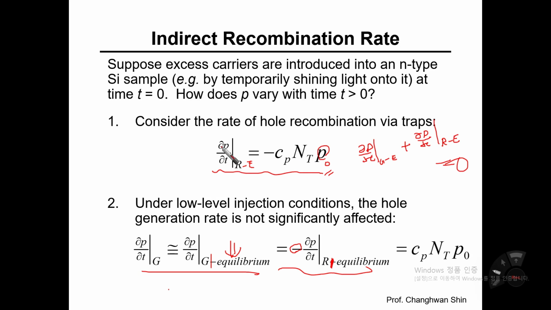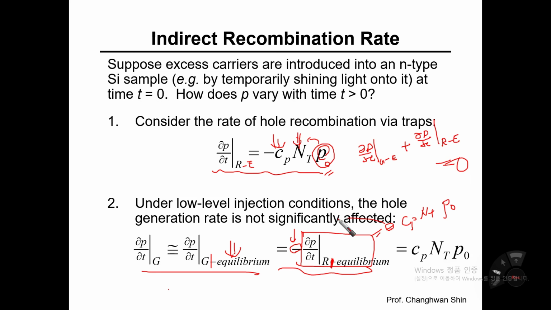Okay, so ∂p/∂t|R at equilibrium is proportional to how many holes are available at equilibrium, and it is also dynamically affected by the number of traps and the capture cross-sectional coefficient. So plug in here. Let's leave the minus here as it is, and this value is equal to minus Cp Nt p naught.